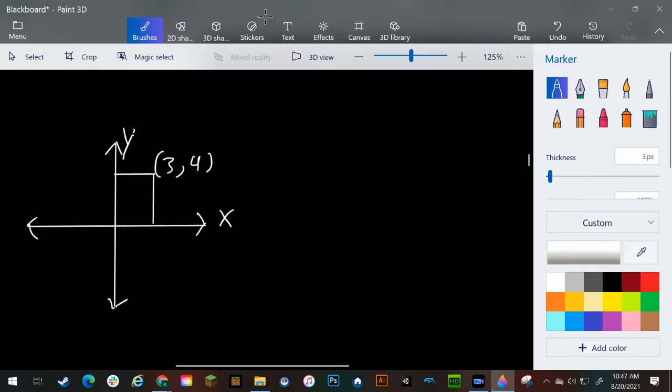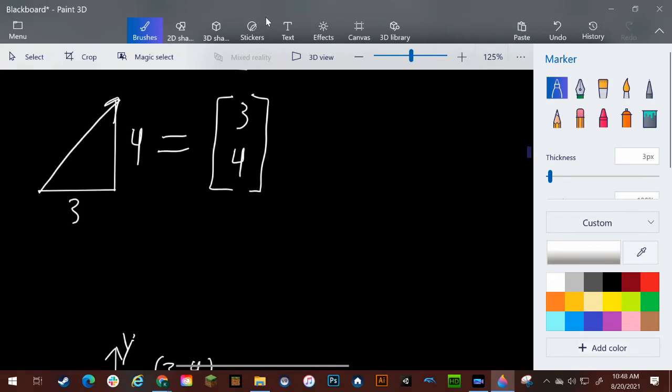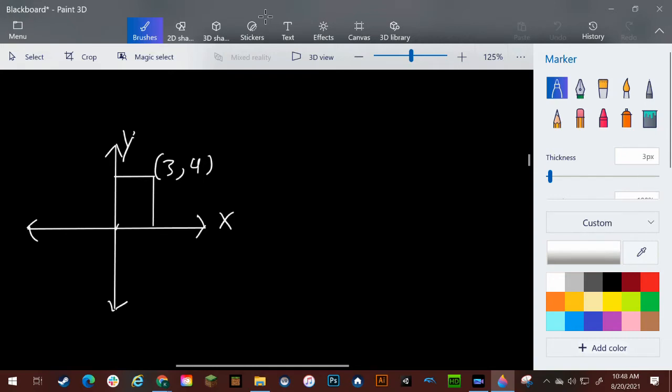And in fact, you can think of the vector that has the same entries as a given point as being an arrow that points to that point in the plane. However, with a vector, we're allowed to move it around freely in space so long as we don't change its orientation.